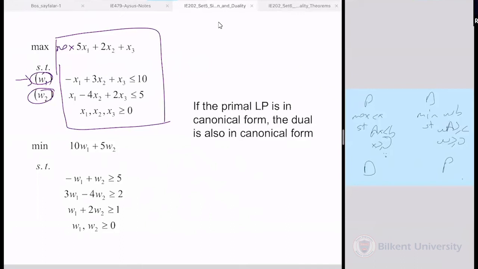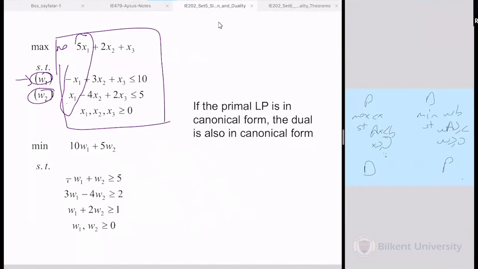Okay? For each variable in the primal, I'm going to write a constraint in the dual. The variable is x1. I'm going to write a constraint for x1 in the dual. So x1, objective function coefficient is 5, and the constraint has -1 and +1. The first constraint will be multiplied with w1, so w1 times -1.